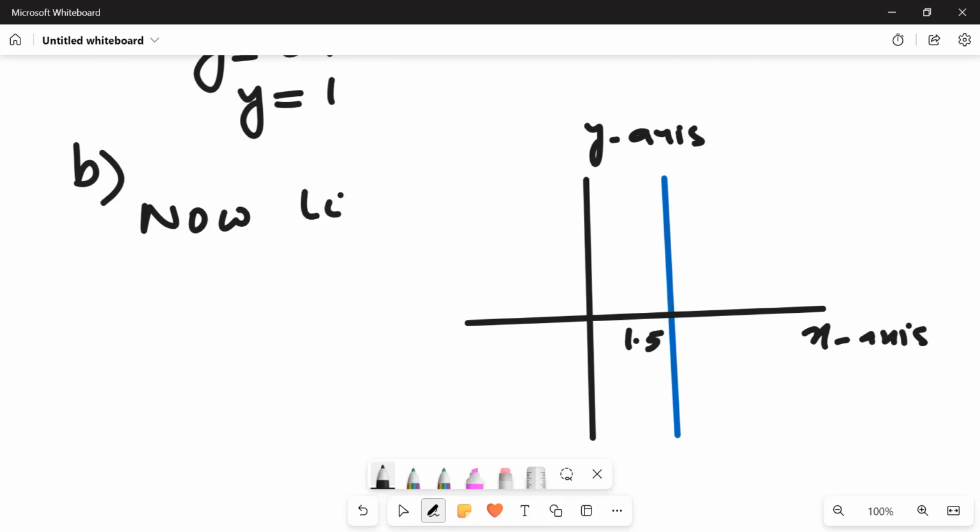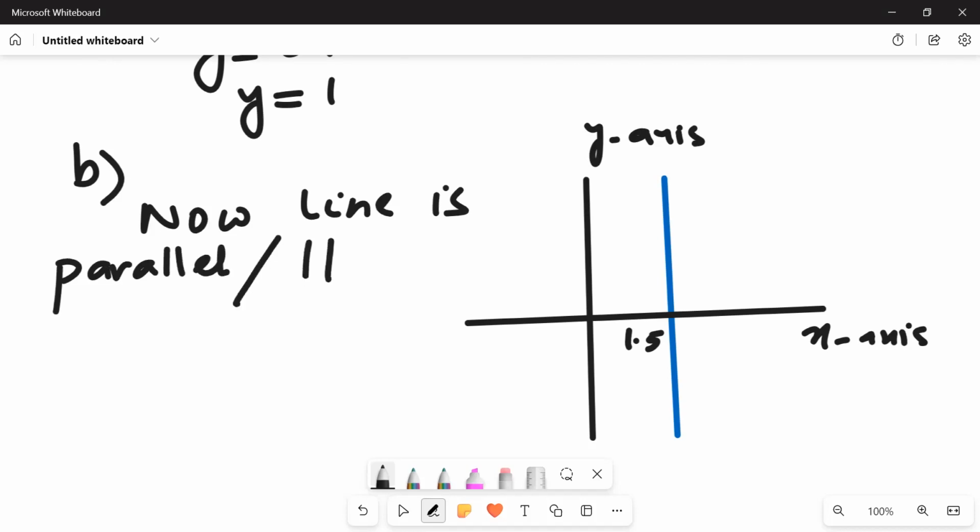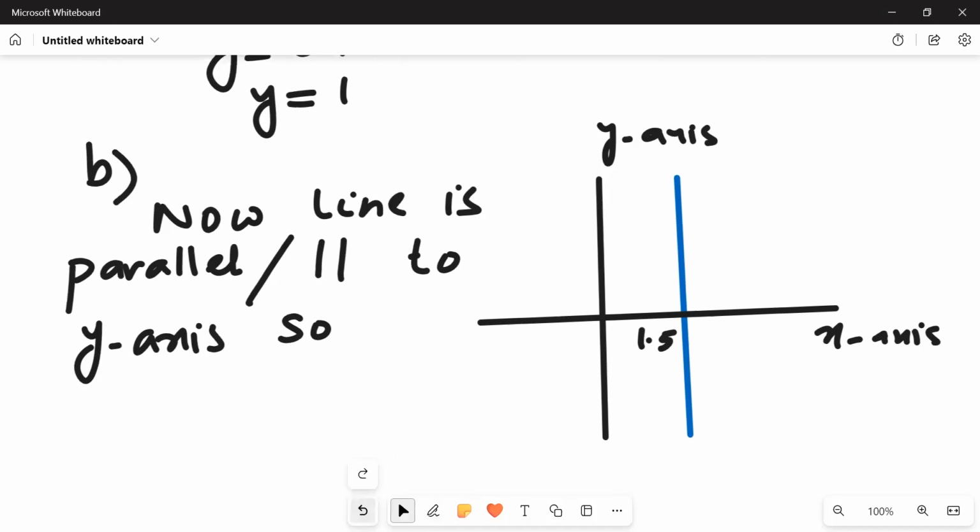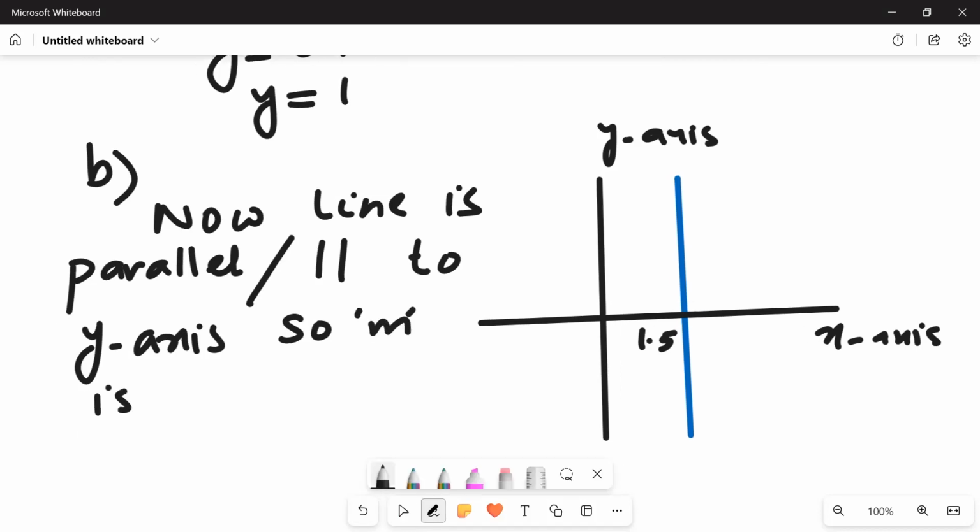You can use this sign also for parallel. Now the line is parallel to the y-axis, so the gradient m is undefined.